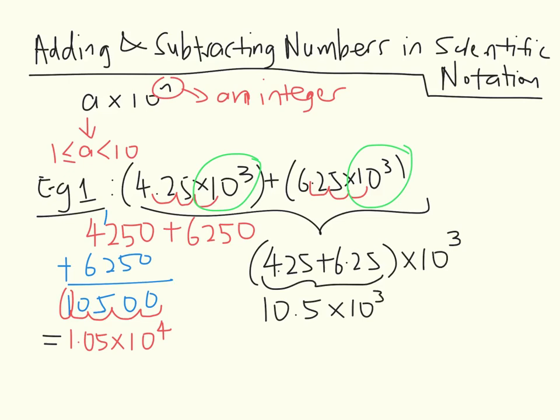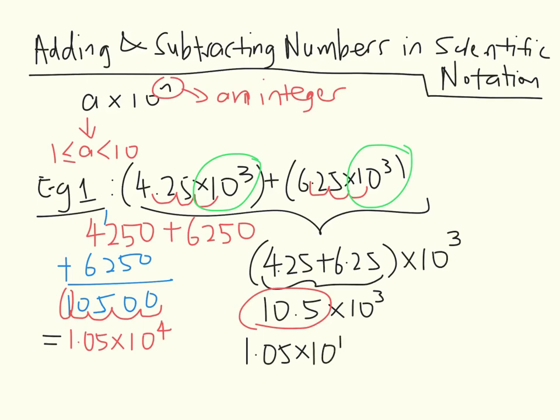Again, the coefficient is not in scientific notation form. We need to rewrite this. I have to make 10.5 into a smaller number, which starts with 1, which will be 1.05. When you decrease the decimal place by 1, you will have to increase the exponent by 1.